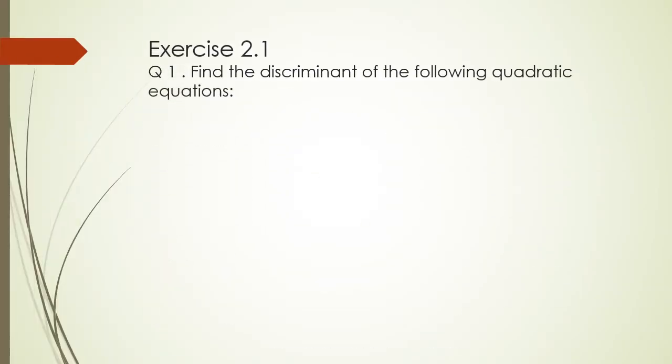Now students, look at exercise 2.1. Question number 1 is: find the discriminant of the following quadratic equations. The first part of this question is 2x^2 + 3x - 1 = 0. Now students, by comparing our given equation with the general form of the quadratic equation, we have a = 2, b = 3 and c = -1.